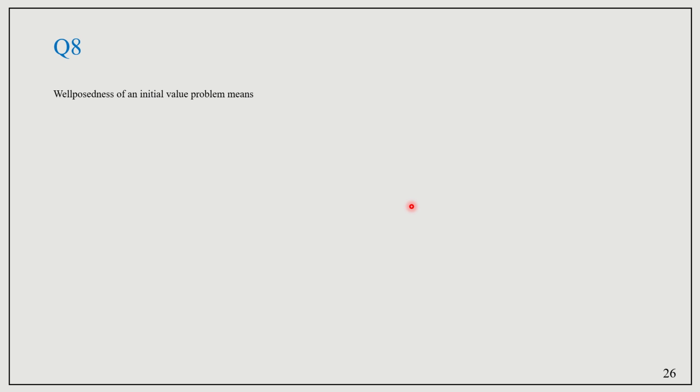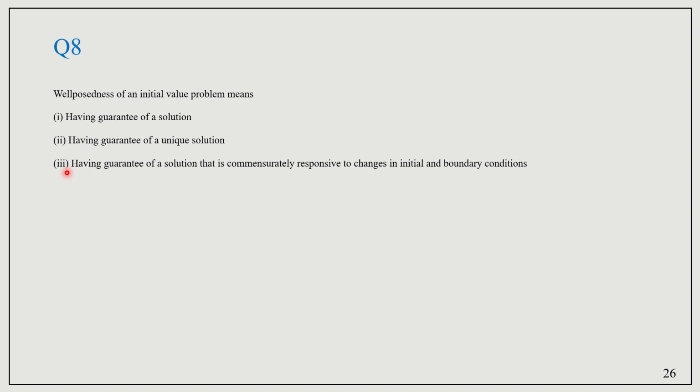Now in this question we have: well-posedness of an initial value problem means dash. Option 1, having guarantee of a solution. Option 2, having guarantee of a unique solution. Option 3, having guarantee of a solution that is commensurately responsive to changes in initial and boundary condition.